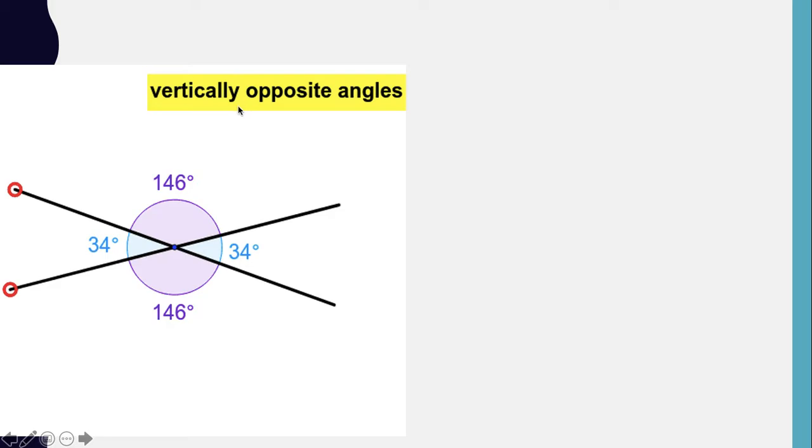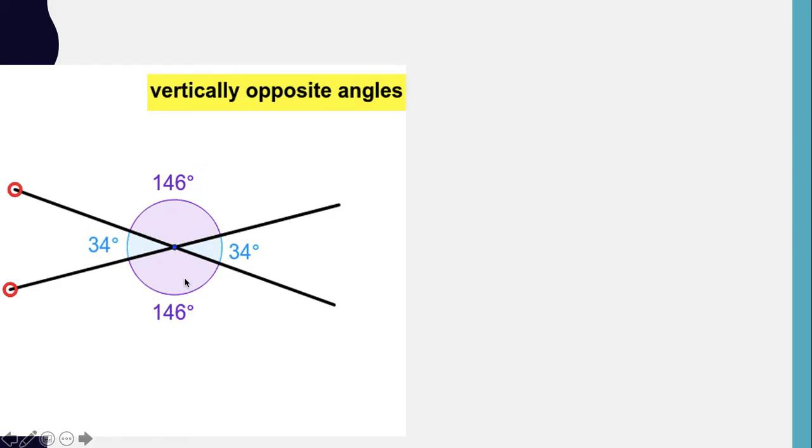Next we will speak about vertically opposite angles. Here two lines are given and the two lines are intersecting at a point. The angles formed make two pairs of vertically opposite angles in this diagram. The first pair is 146 degrees and this is also 146 degrees. So this pair of angles are vertically opposite angles. And the other pair is this one.